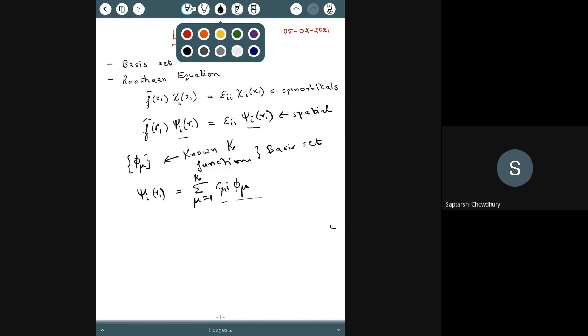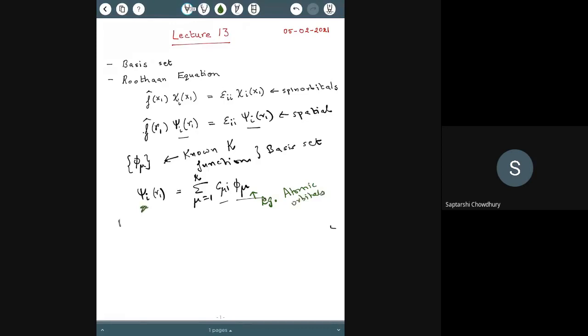But the most practical way of thinking about molecular computations is that the basis functions are the atomic orbitals and the solutions are the molecular orbitals.